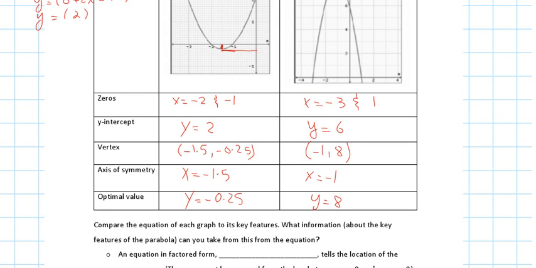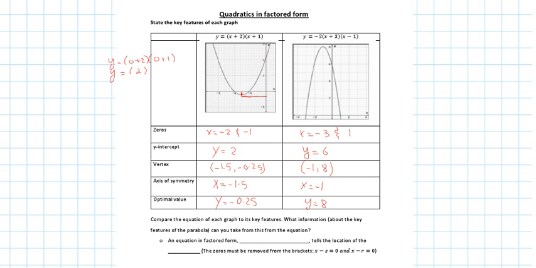Okay, so I'm going to do this just so you guys can see the answers and the equation. If I want to compare the equation of each graph to its key features, what information about the key features of the parabola can you take from the equation? Out of these key features that we just took, which information can you get from the equation?